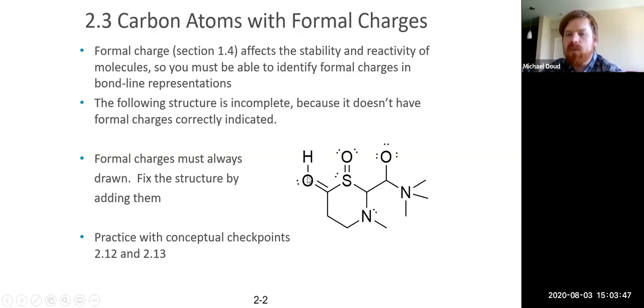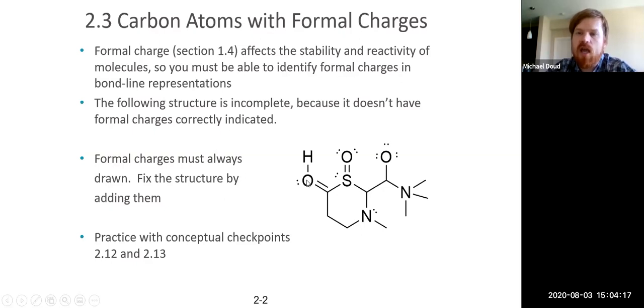But for example, here we look at oxygen. Oxygen is divalent. That means it should have 2 bonds, but we actually count 1, 2, 3 bonds. So rather than having 2 bonds and 2 lone pairs, now all of a sudden it's got 3 bonds and just 1 lone pair. In terms of its formal charge, like what we did in the last chapter, it's got 1, 2 electrons, and then 1, 2, 3 electrons, so 5 total electrons assigned to it.